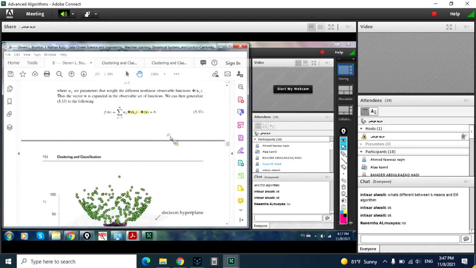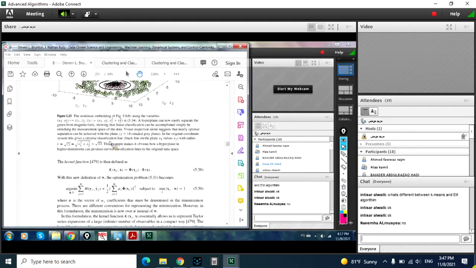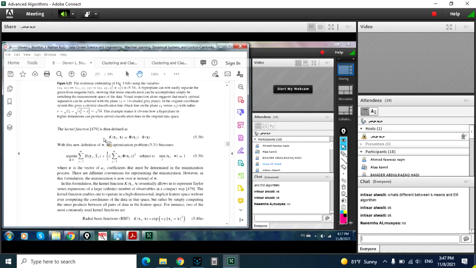and here it explains, as I see, that the kernel function is defined using 5.39, and again we can access and achieve the weighting and alignment.